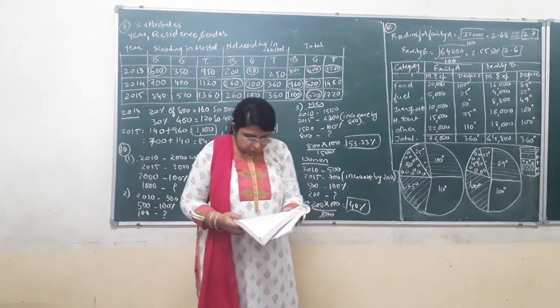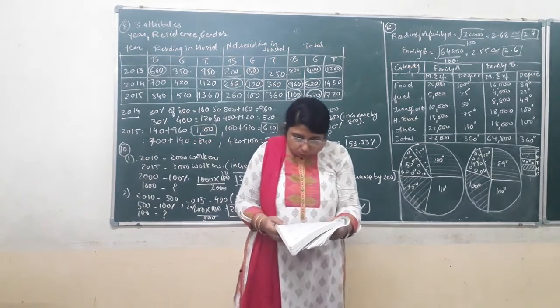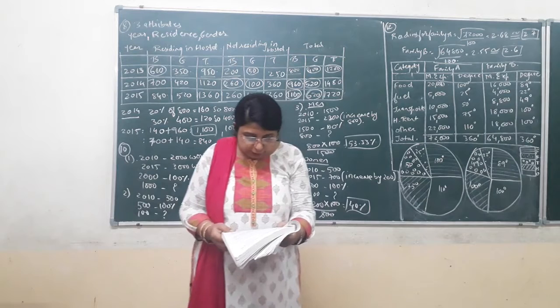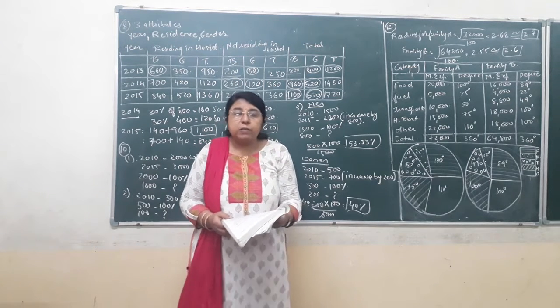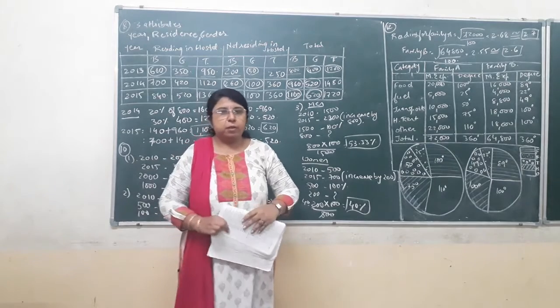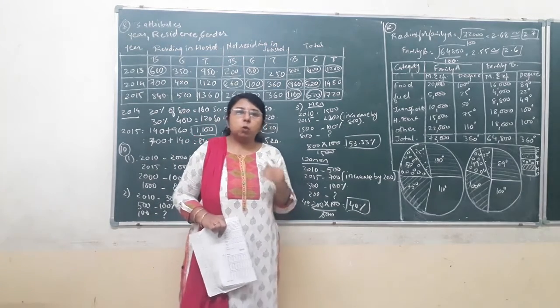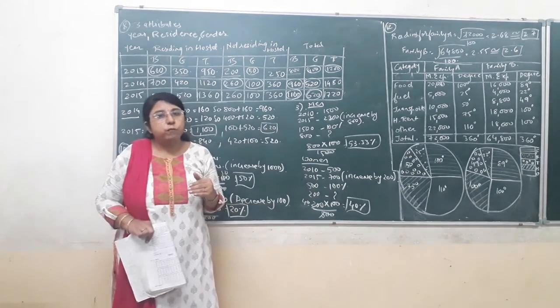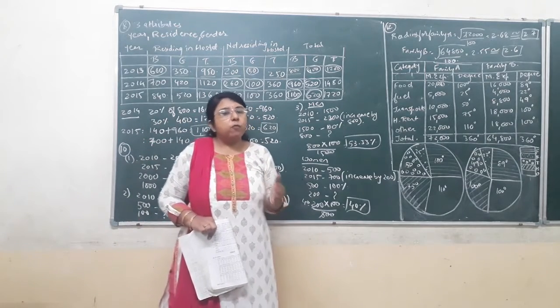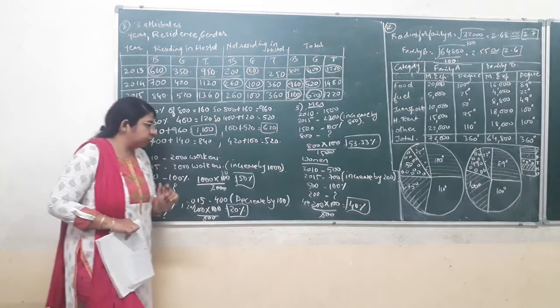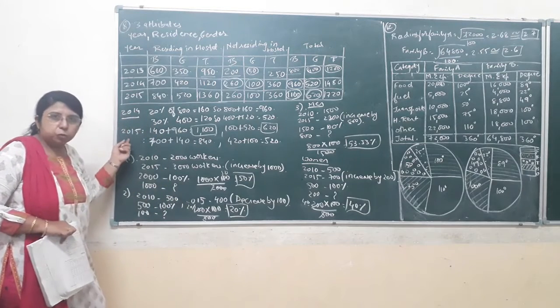Let us read the further line. In the year 2014, there is an increase of 20% in the number of boys and the number of girls increased by 30%. It means compared to the year 2013, in the year 2014, the number of boys increased by 20% and the number of girls increased by 30%. You can see I have shown the calculation over here.